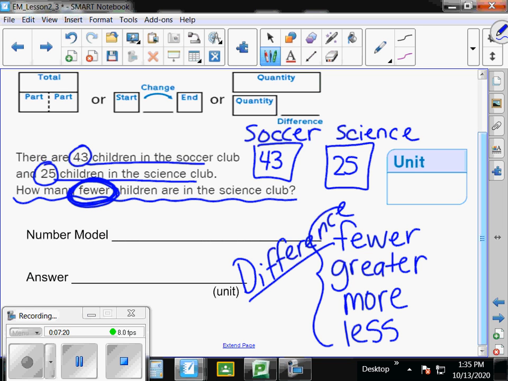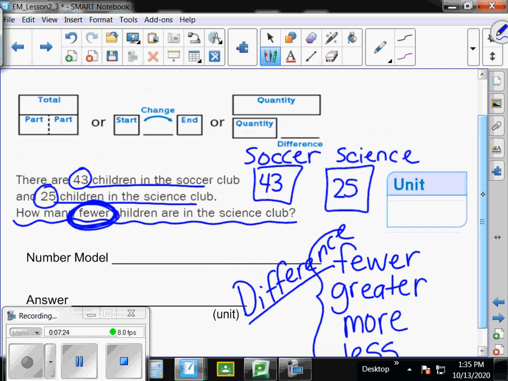Okay, so look at this diagram up here at the top. This is the perfect diagram for this problem. The quantity difference. I'm finding the difference between two numbers. Check out this diagram. You see how this box is big? I'm going to put my bigger number in there, so I'm going to put 43 in there. This is my smaller box, so I'm going to put my smaller number in there.